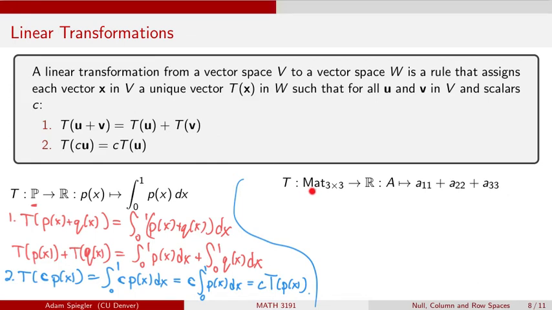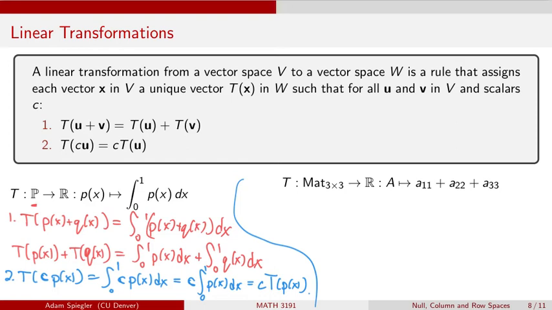We're going to map from these 3x3 matrices to the vector space R with the usual operations, where we take a matrix A and map it to the sum of its diagonal entries. So A11 is the first diagonal entry, A22 is the diagonal entry in row 2, and A33 is the diagonal entry in row 3 of matrix A.